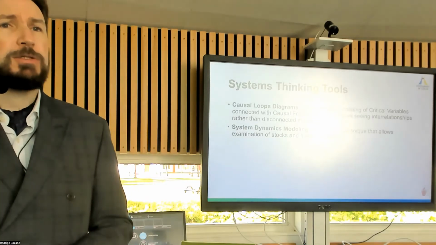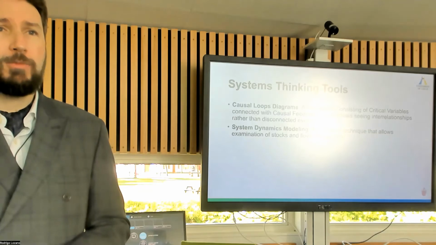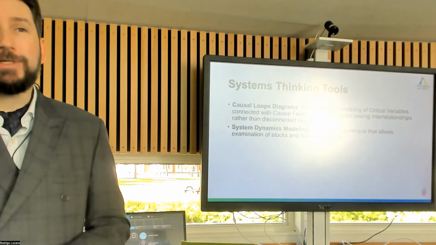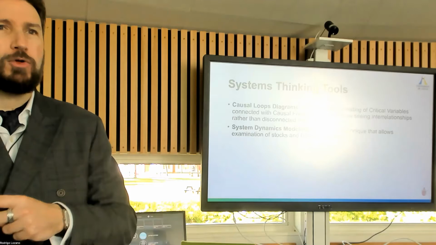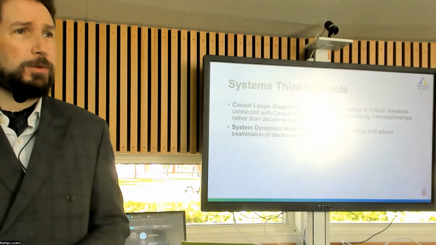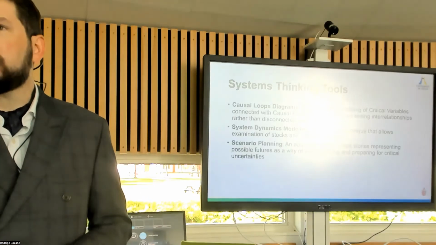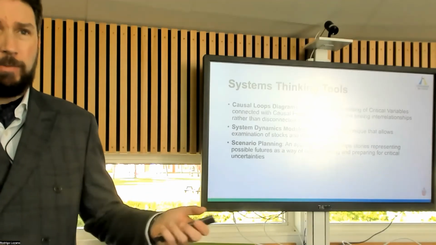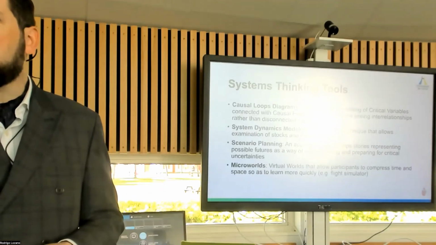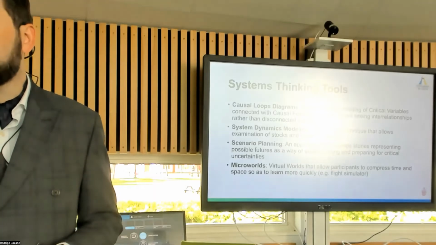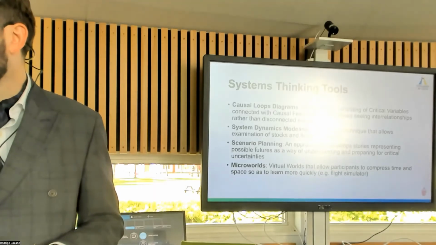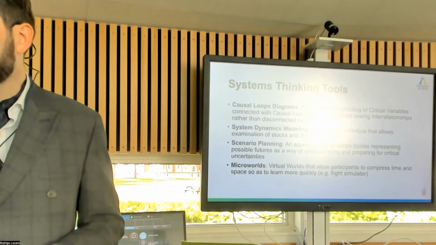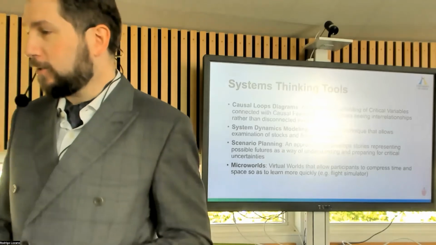That's pretty much like the computer game The Sims, but in this way. You try to model dynamically all the different systems. We have scenario planning. What would happen if I do this? What would happen if I do that? And we have microworlds. Again, that's pretty much virtual worlds.